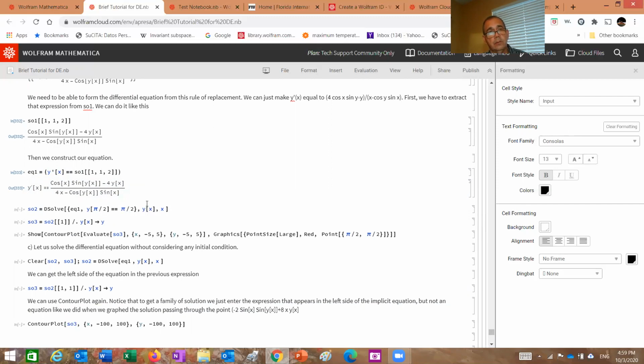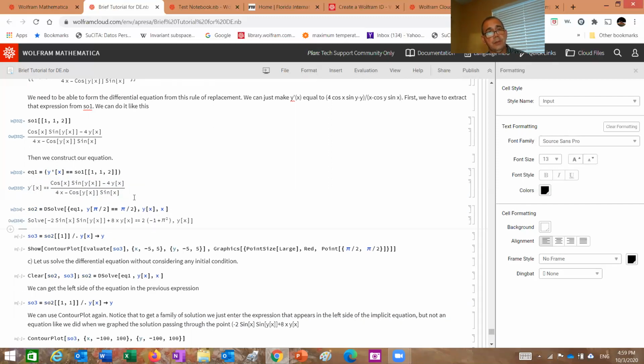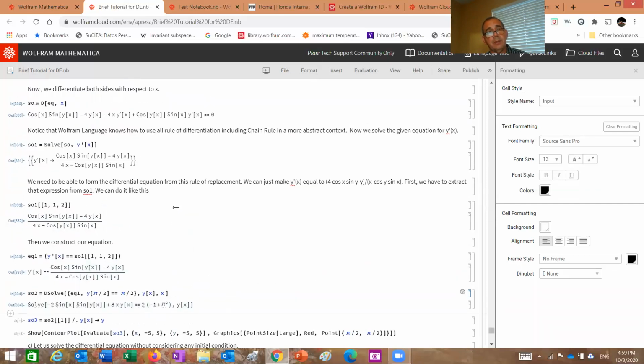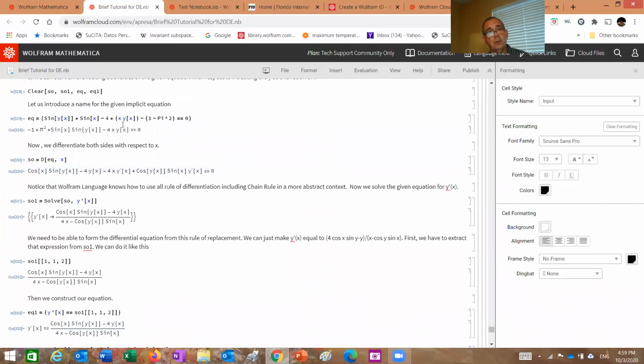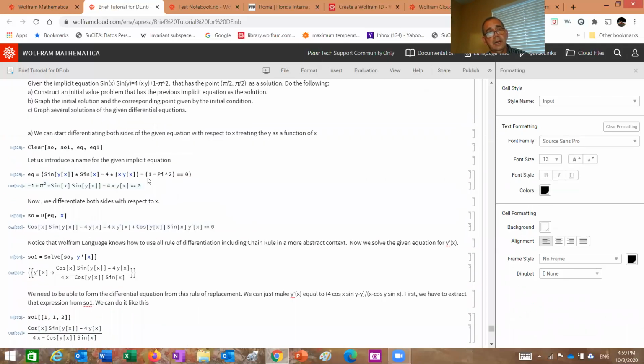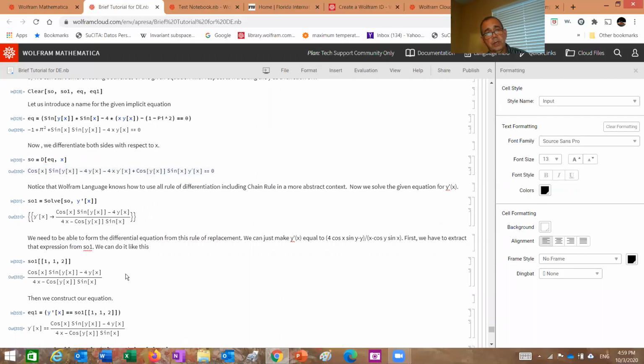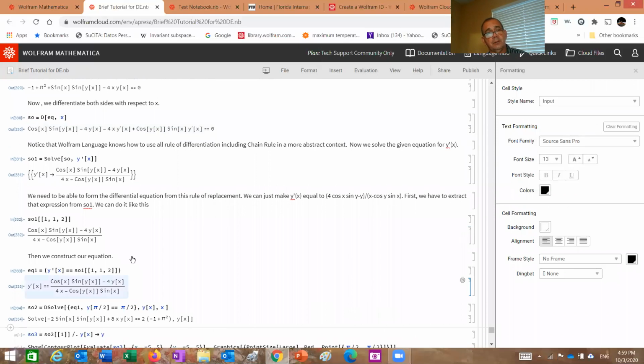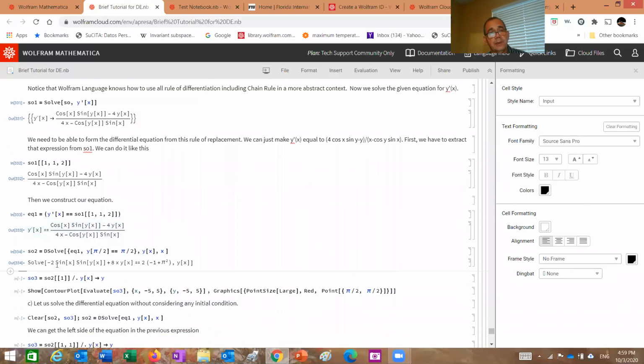So now we press shift enter, and notice that the solution that is given here is exactly the same equation that we have at the beginning. So we have an equation at the beginning, and by differentiating both sides, we obtain a differential equation, and solving for y prime, we obtain a differential equation. Now, solving that equation, we obtain back the same implicit equation.